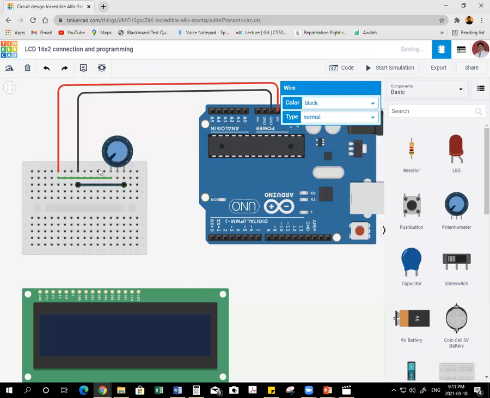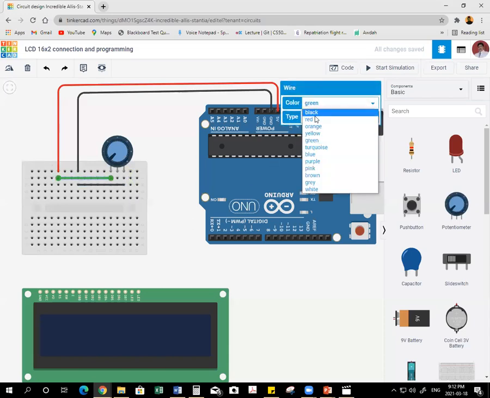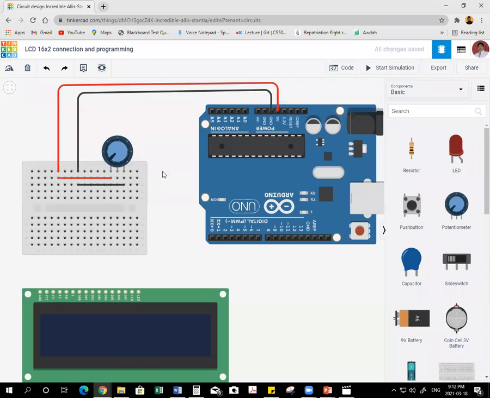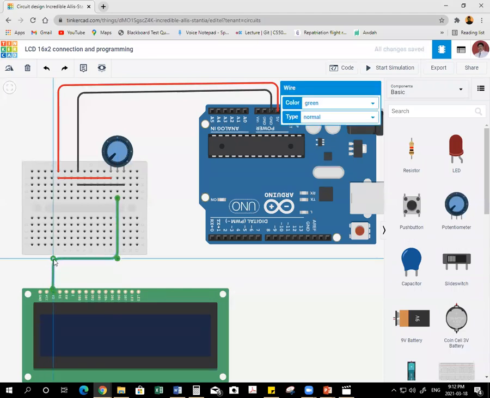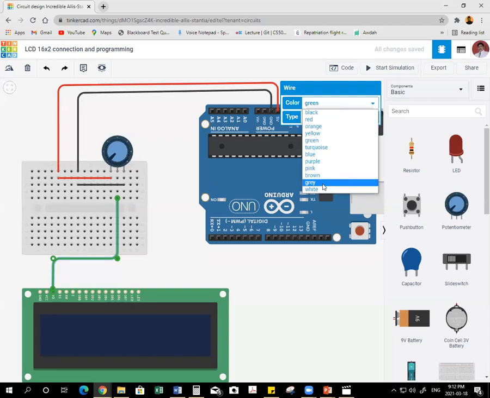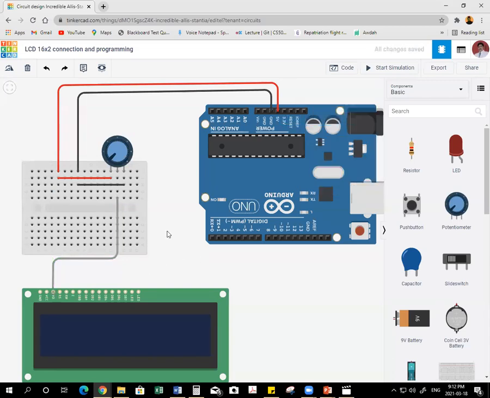This is black, because ground, and this is red, because supply. Now, where do we give the potentiometer output? We give it to the contrast, that is the third pin. I can use any color for that.